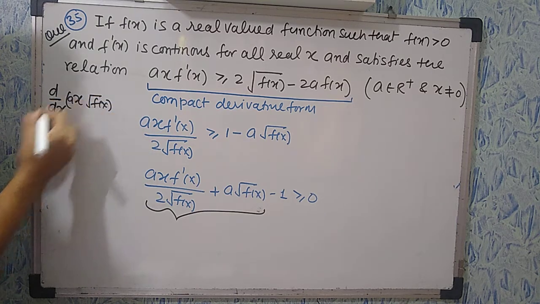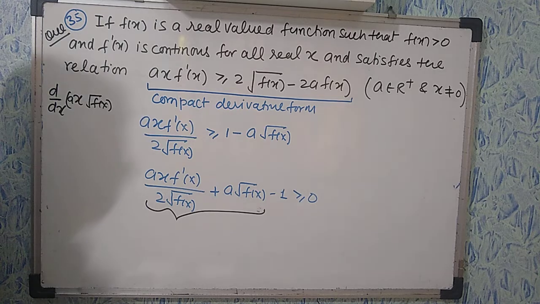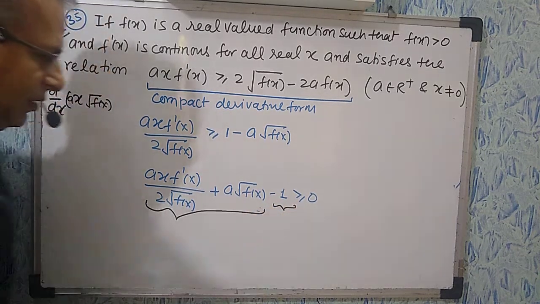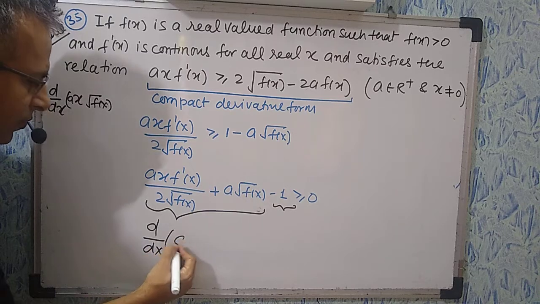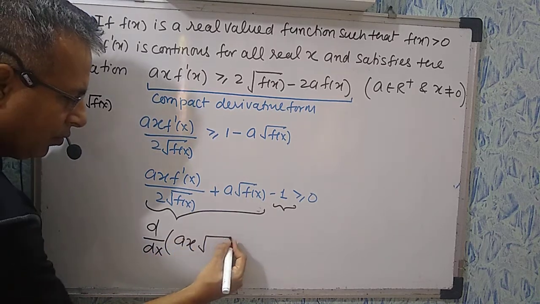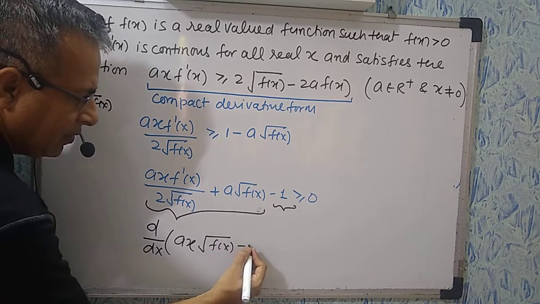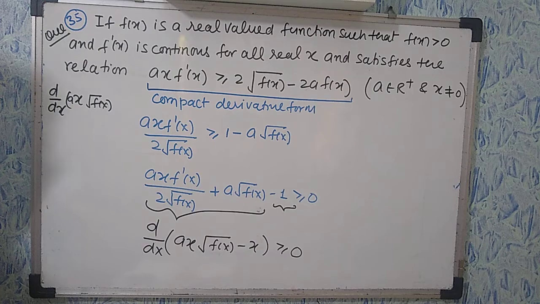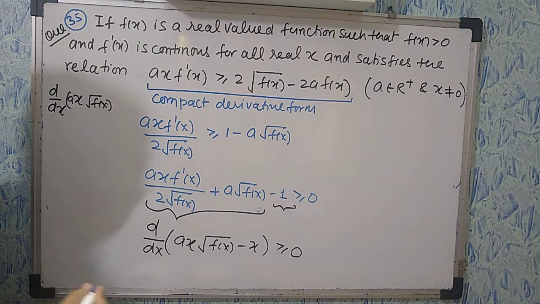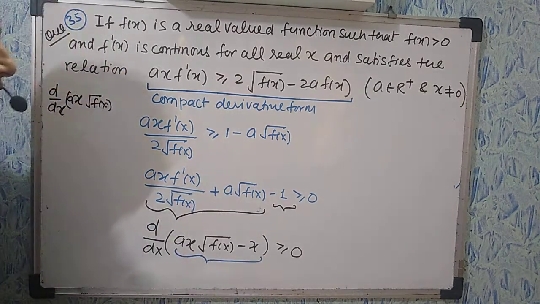So we have to take a x. Clear? And 1 is the derivative of x. So we get d/dx of (a x√f(x) − x) ≥ 0. And let us say that this function is h(x).